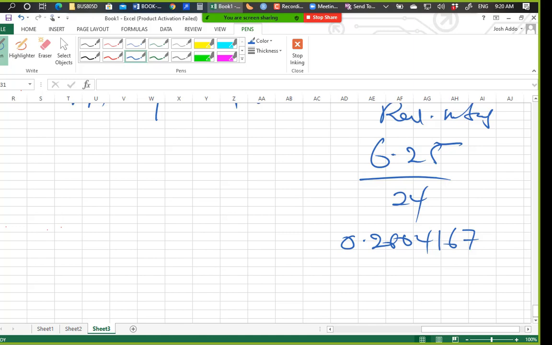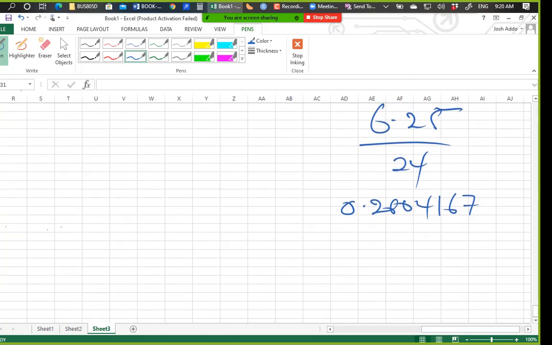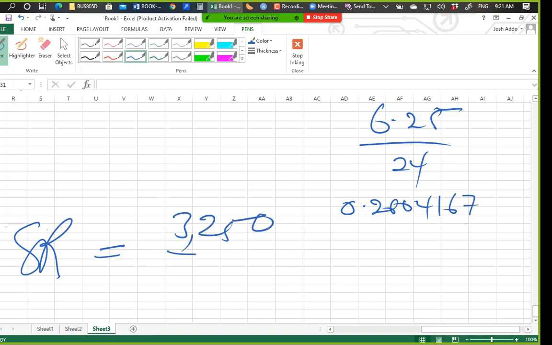If we divide the fixed costs, so break-even sales revenue will be equal to the fixed cost of 3,250, I think that's correct, divided by this 0.260416667, whatever.